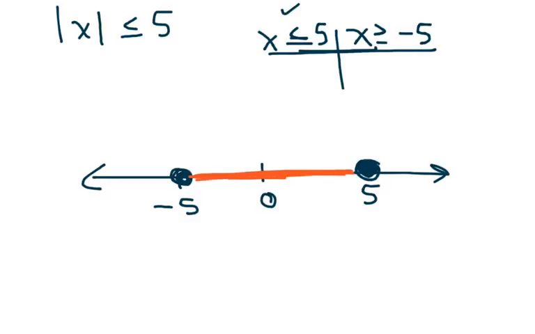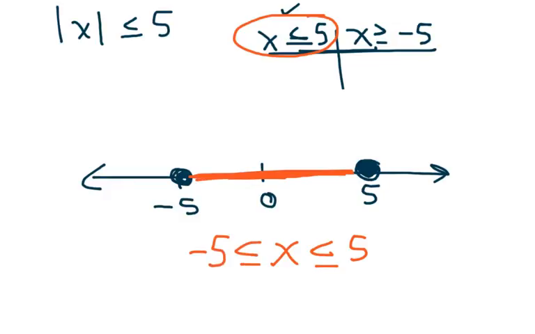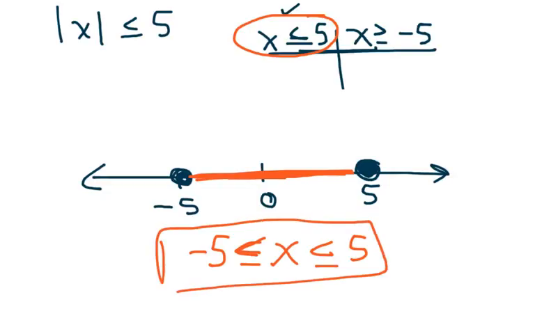So I'm going to write this part as x is less than or equal to 5, and this part, to the left, as x is greater than or equal to negative 5. Look at my greater than sign. There it is. And that's how you would write the inequality. I think it helps to graph these and write out the inequalities.